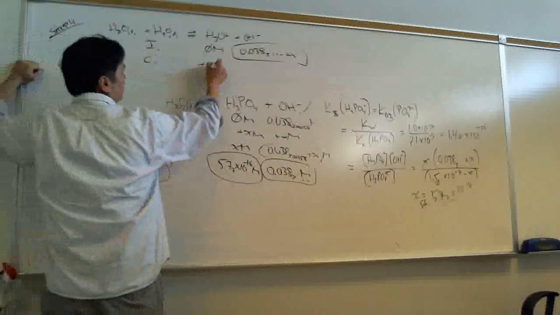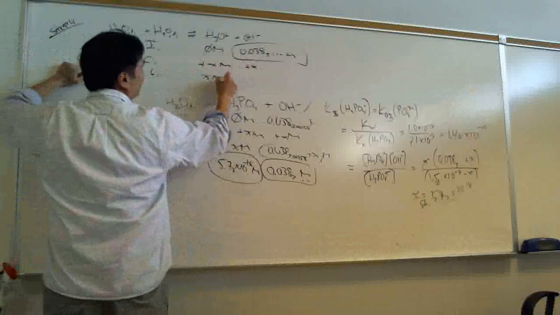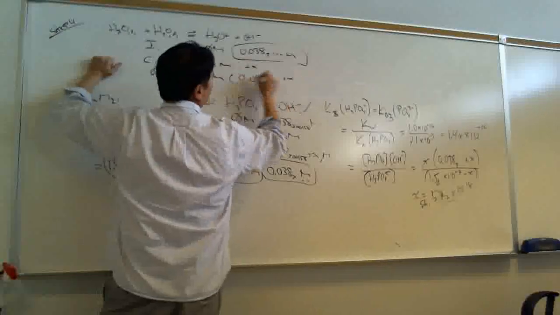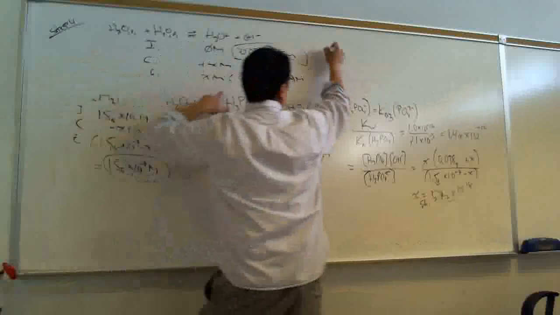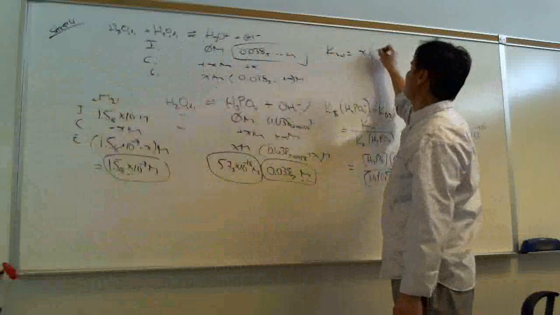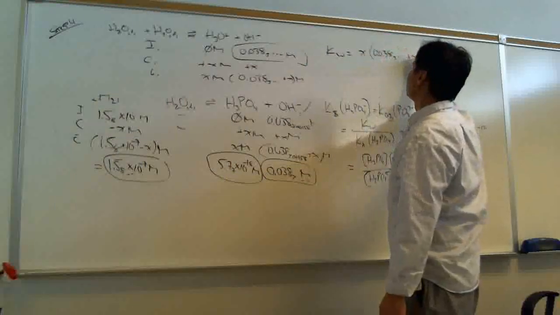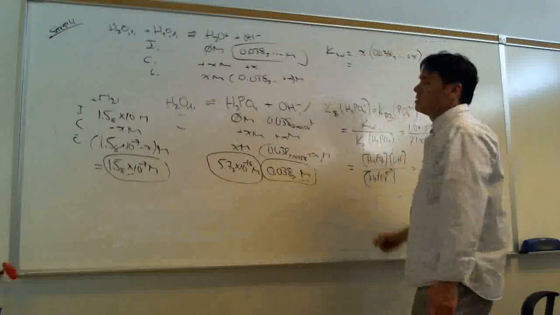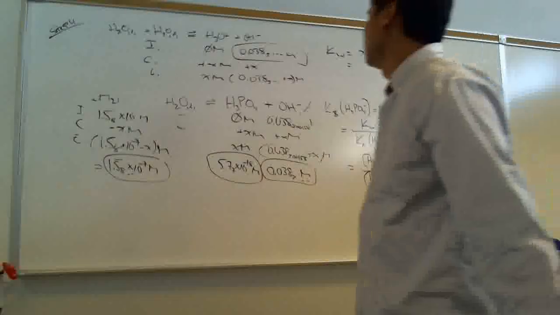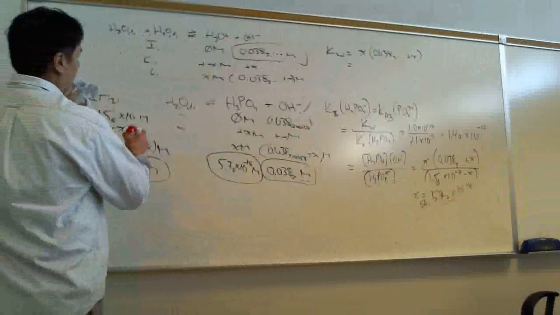Change is plus x. Equilibrium, I'm going to have x molar and 0.0383... plus x molar. Kw is hydronium times hydroxide, which is going to just be x times 0.0383... plus x. You think the simplifying assumption will work? Yes. Sure. Should work good.